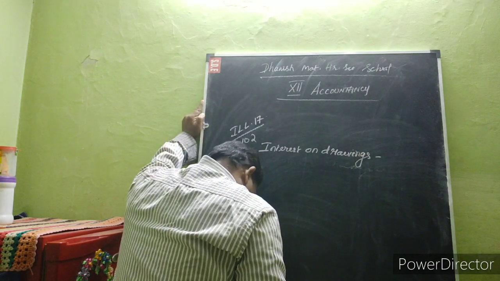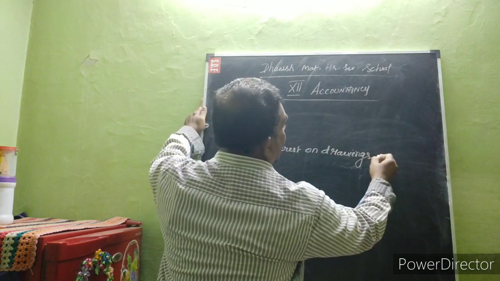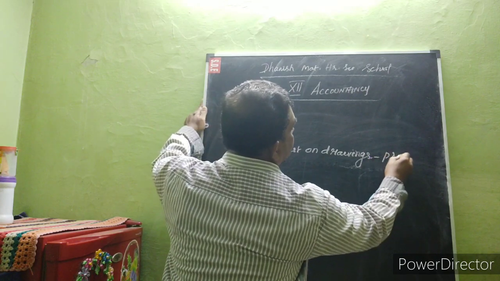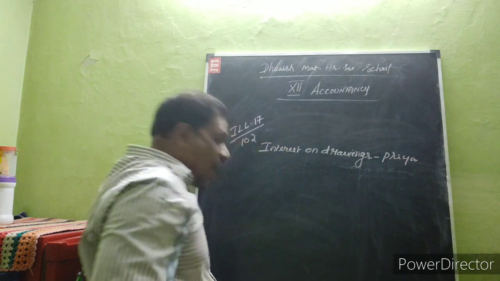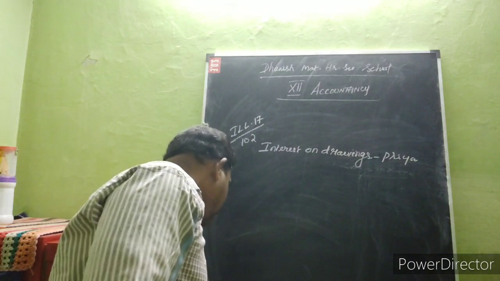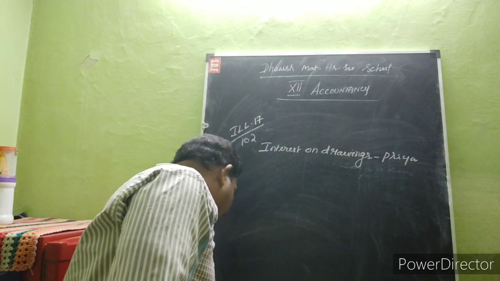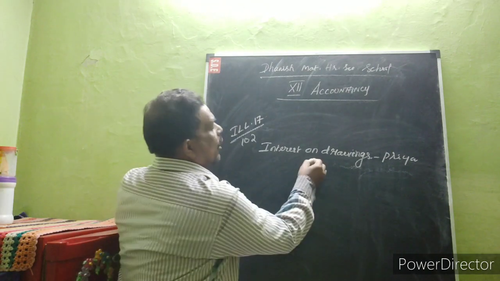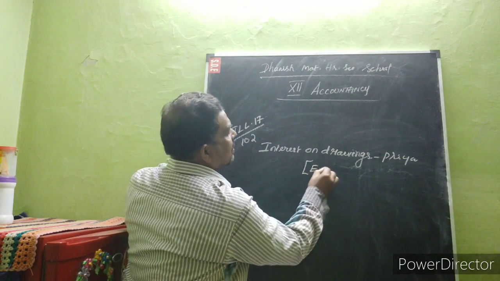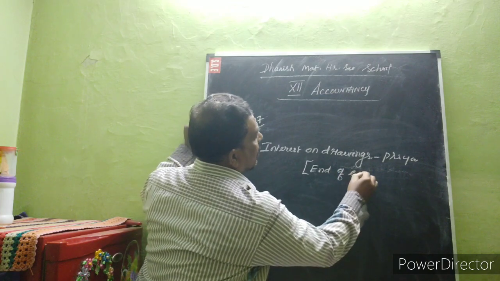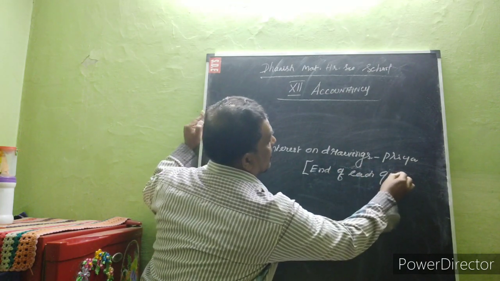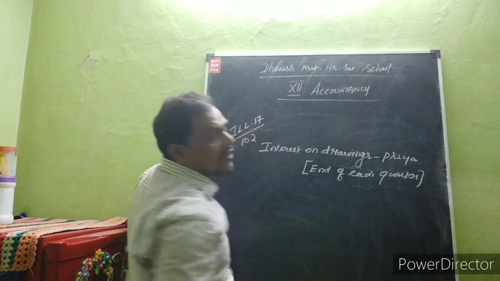The partner name is what? Priya. Okay, for Priya. How is she taking the drawings? She is taking the drawings at the end of each quarter. That you have to mention here. Okay, so this is the average period method.